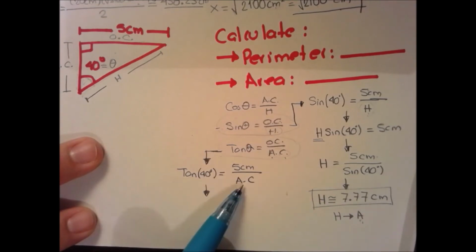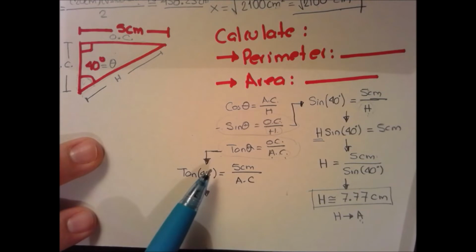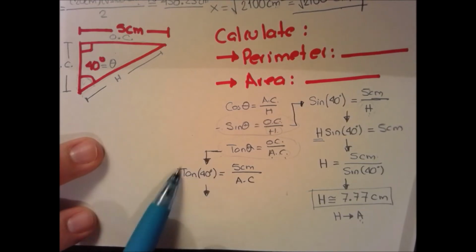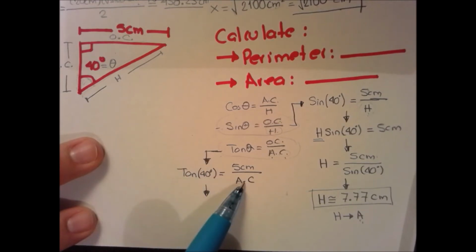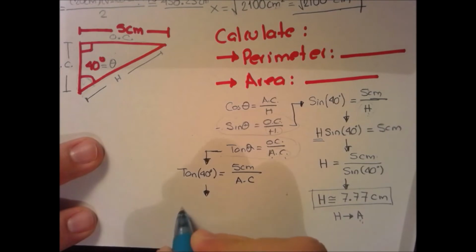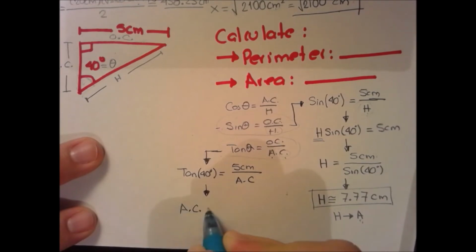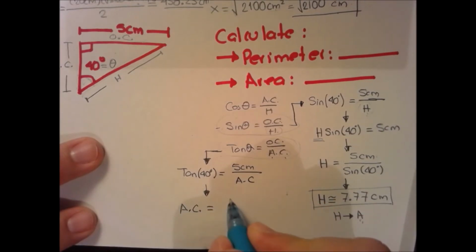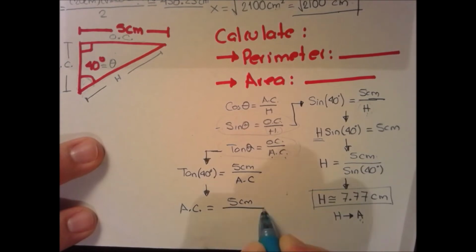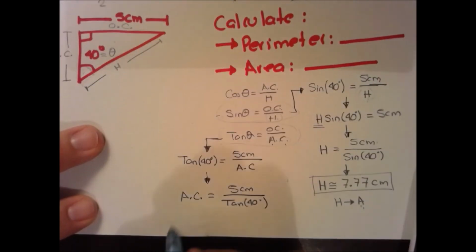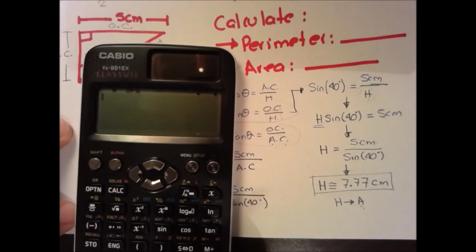The one that is dividing is going to pass multiplying, and the one that is multiplying is going to pass dividing. So at the end I'm going to have AC is equal to 5 centimeters over the tangent of 40 degrees.